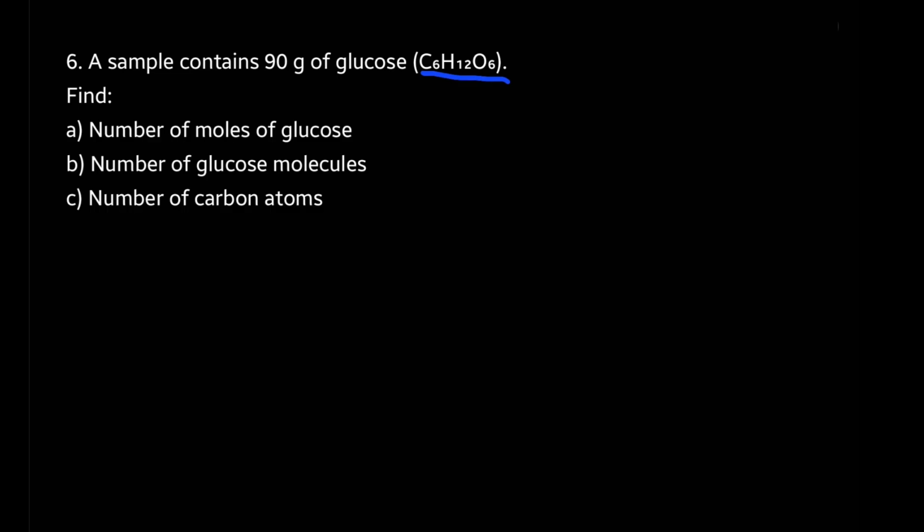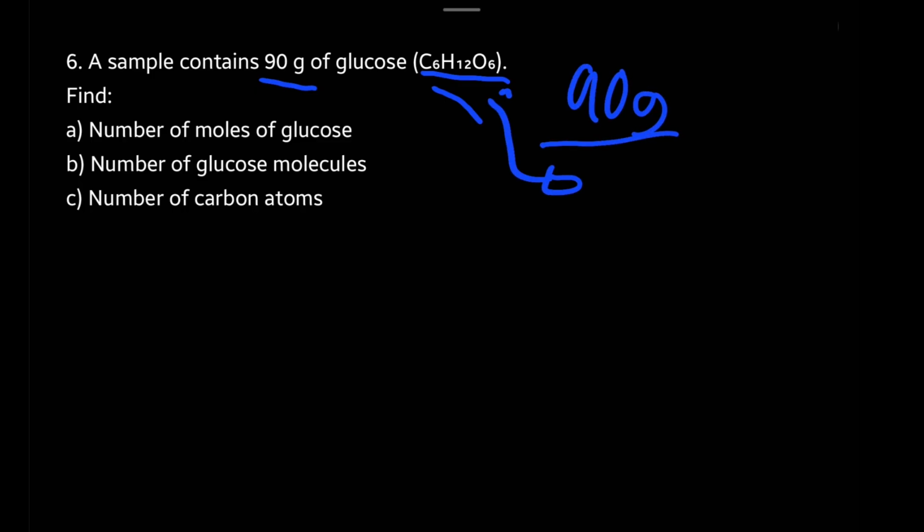Just a simple way to guide you. You must first convert these into molar mass. Then, using this 90 grams, identify how many moles you have by dividing the 90 grams over how much molar mass you got here. Then you have identified the amount of moles.